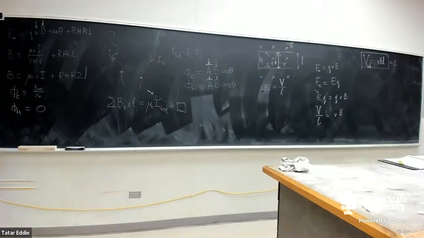But this is old notation. In reality, this is nothing else but voltage, voltage induced due to the motion of a conductor in a magnetic field. So sometimes I'll say electromotive force, sometimes I'll say induced voltage. Probably just using induced voltage is less confusing, but we still have to use the terminology in the textbook.